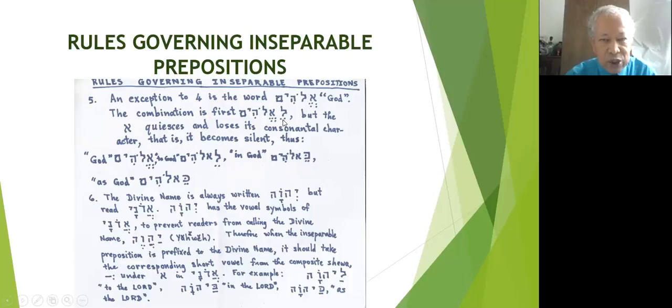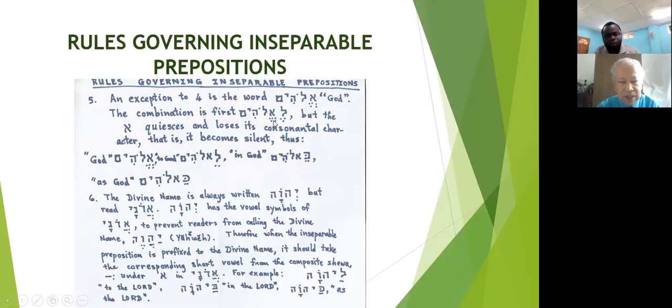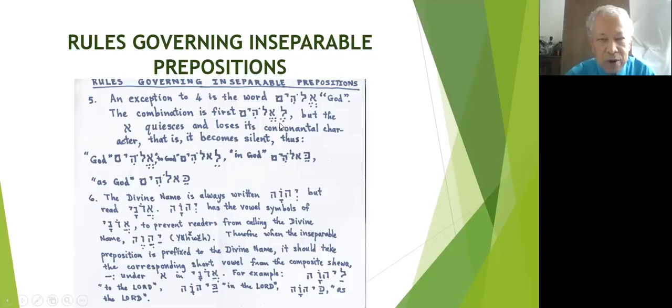So this is changed because the composite schwa drops out. The aleph is not pronounced. This is a quiescent letter, so everything connected with it disappears, leaving Le Lohim, but this has to be adjusted because of the silencing of aleph and the silencing of the composite schwa.